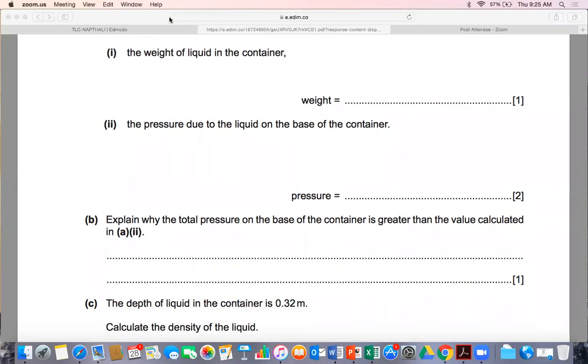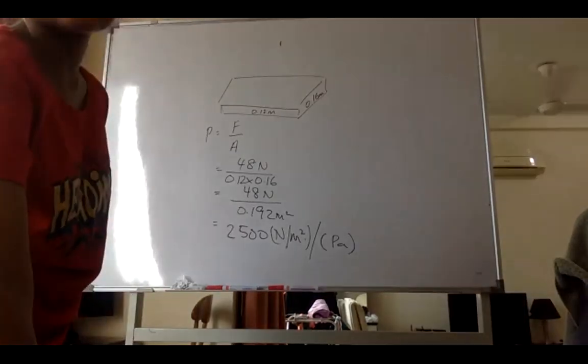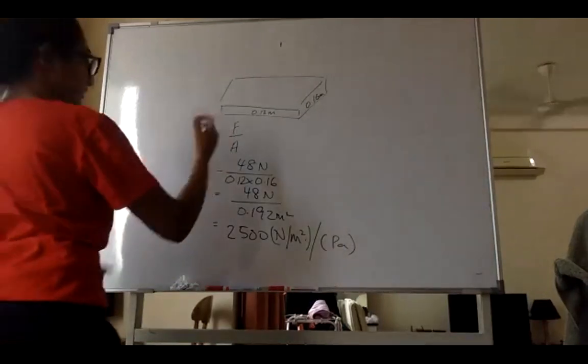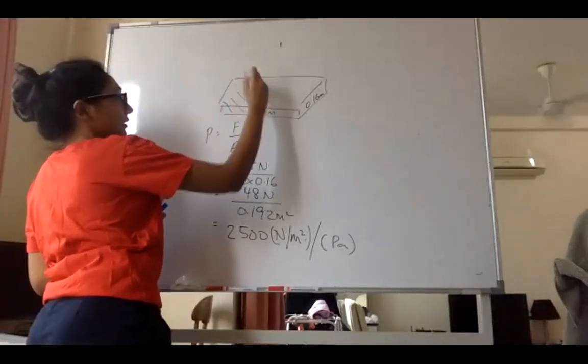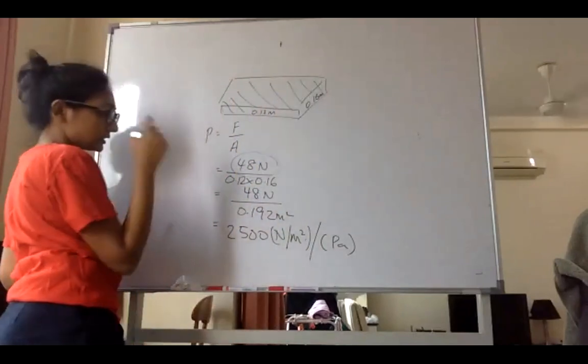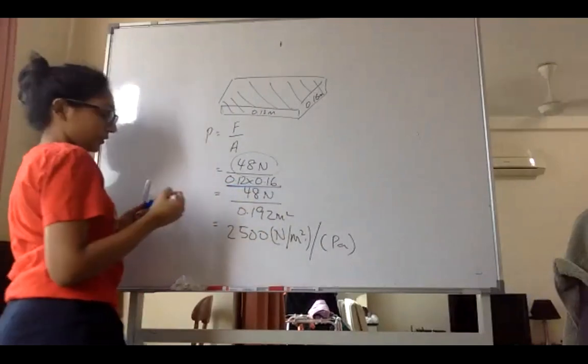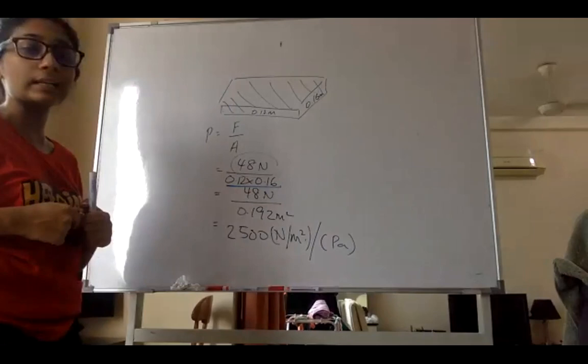I already calculated the theoretical value. I have water, the weight of the water, and the area of the box. But why is it that the actual pressure will be higher than the calculated pressure?